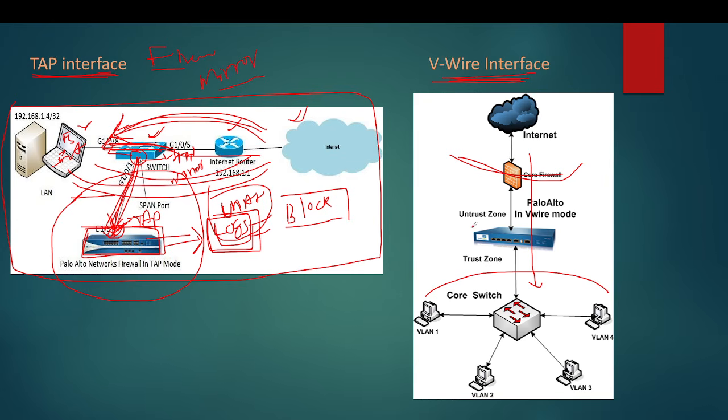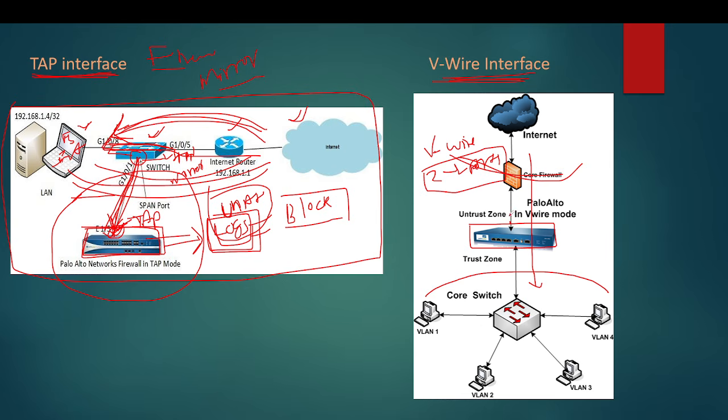So we are going to install a firewall with two interfaces, or two ports. Take the two ports and keep them in one virtual wire. So keep those two ports in a virtual wire.